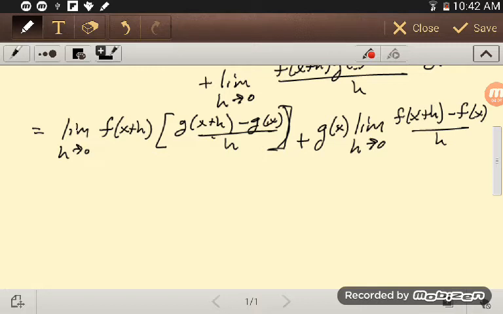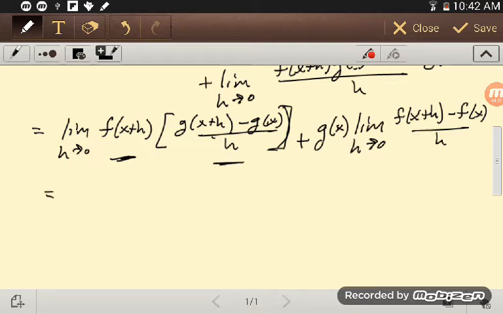So here, the first part, as the limit as h goes to 0 of f of x plus h, that's just going to be f of x, because we assume f of x is a nice continuous function. And then the second part, well, that's just the definition of the derivative.